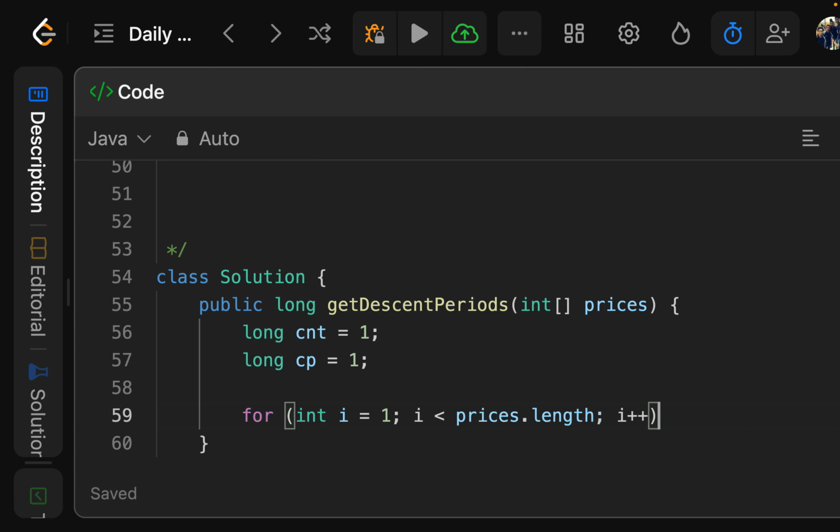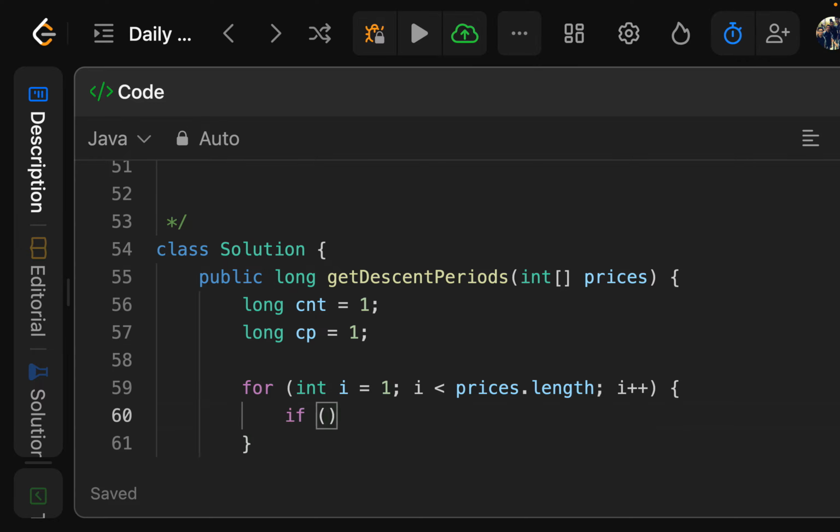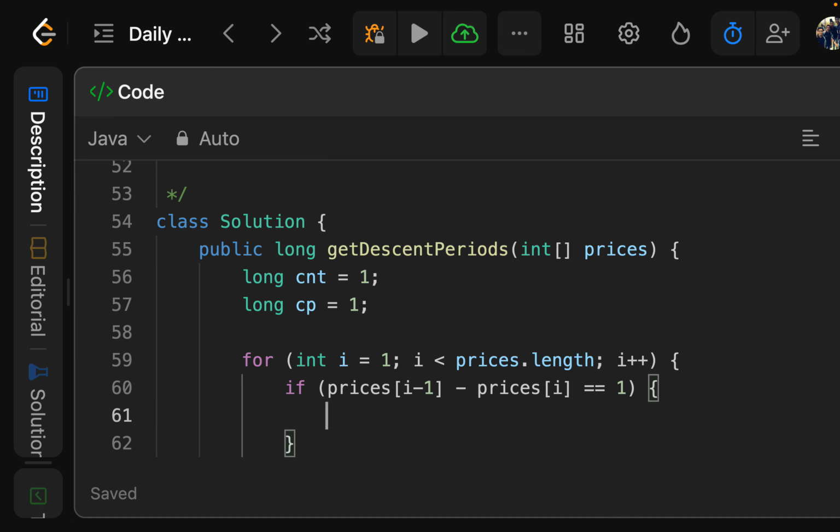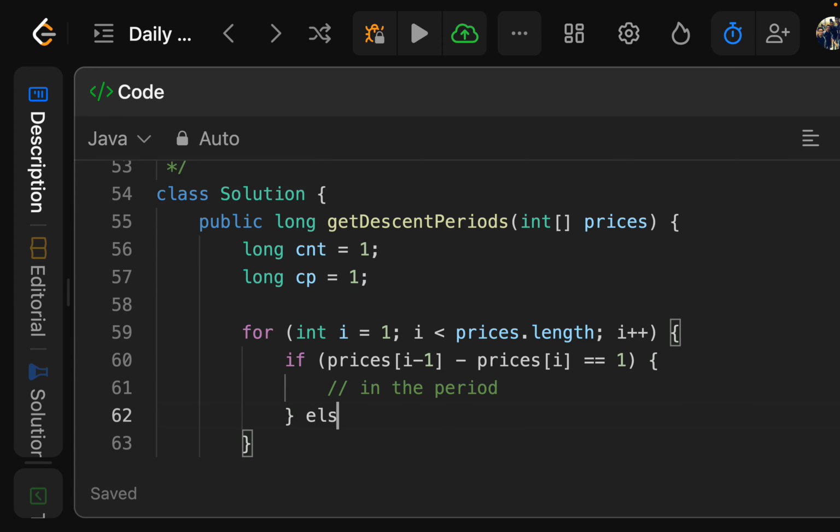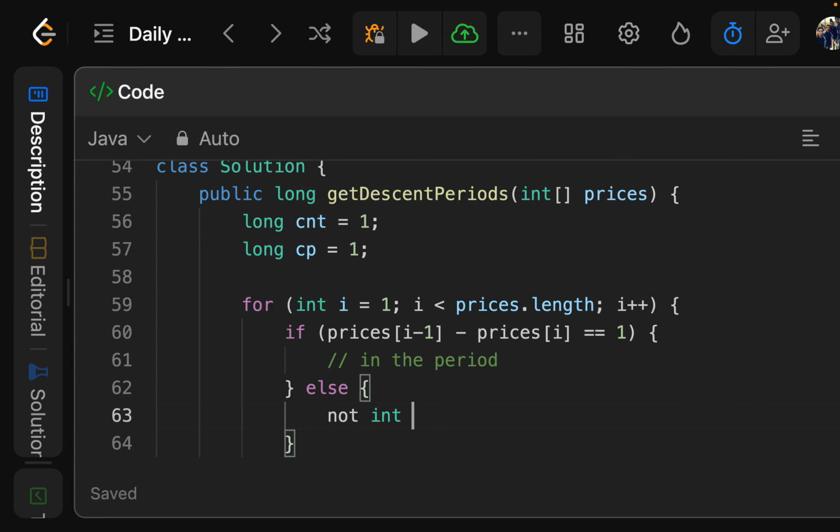Again, why we are taking it from 1? Because we wanted to check the previous element, prices of I minus 1. If we took it from 0th index, it would be minus 1, which is not what we wanted. So prices of I minus 1 minus prices of I is equal to 1, then only it is in the period, else not in period.